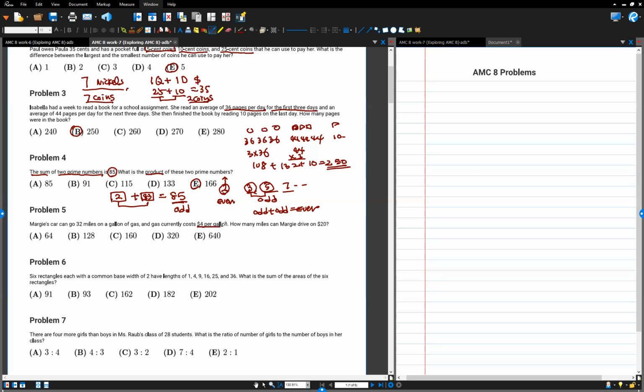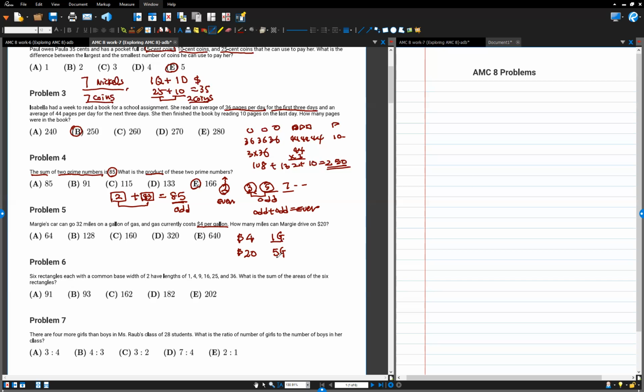1 gallon is $4. You spend $20. So how many gallons can you buy? Yeah, I got C. This is 5 gallons, right? 20 over 4 is 5.